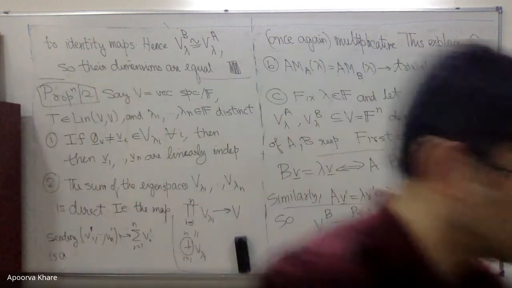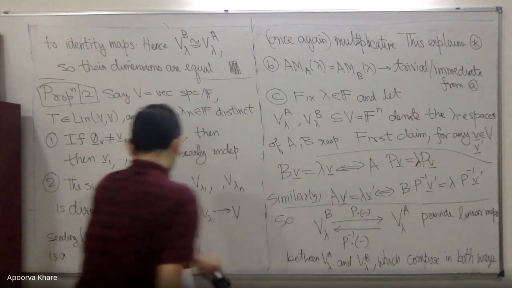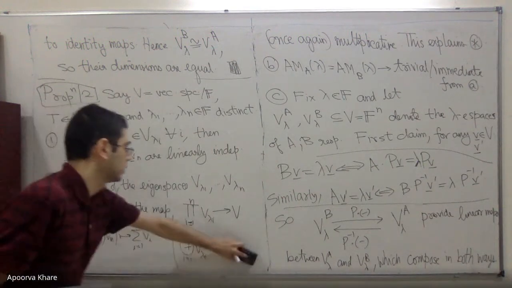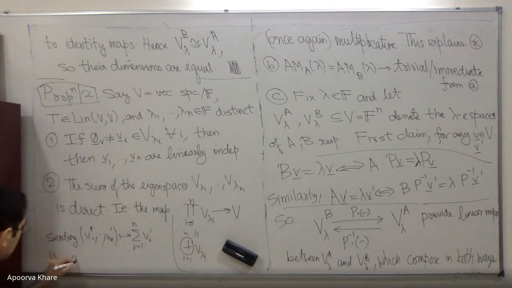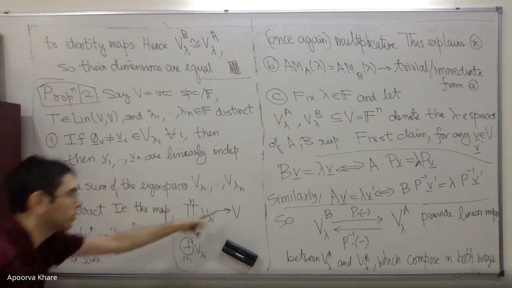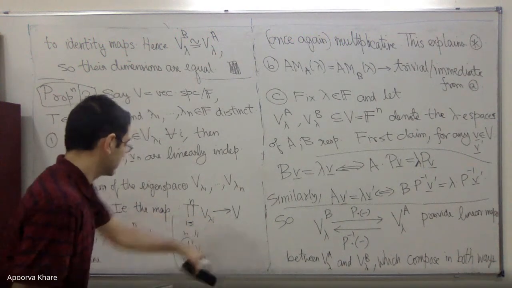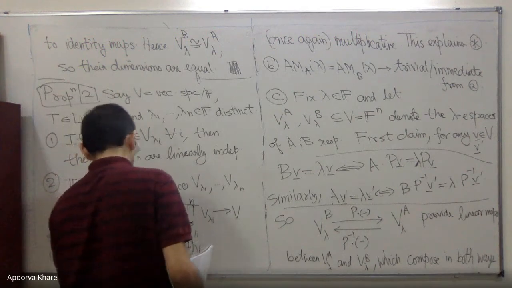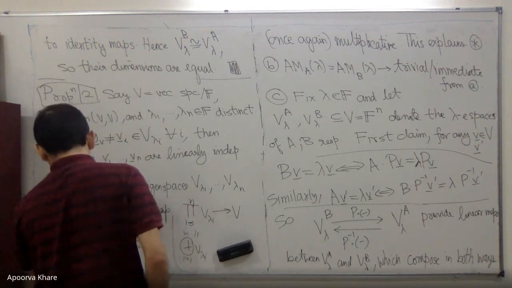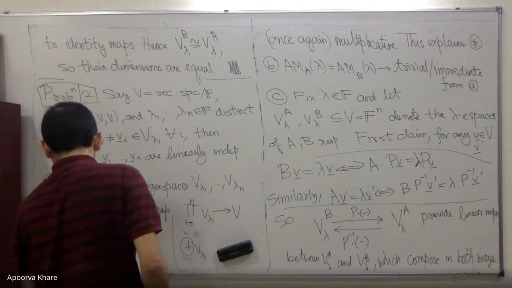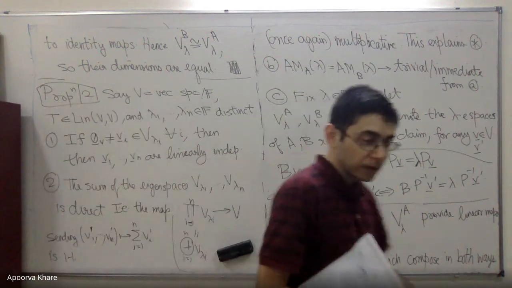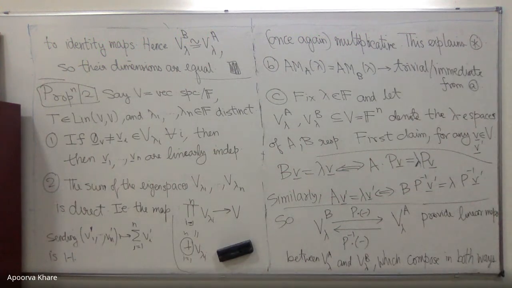Sorry, it's not an isomorphism onto V. I'm not saying it is onto. It's just 1 to 1. It's of course linear. I'll just say it's 1 to 1. This is part 2. And part 3 is an obvious consequence.